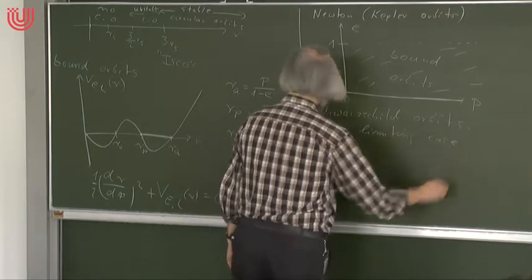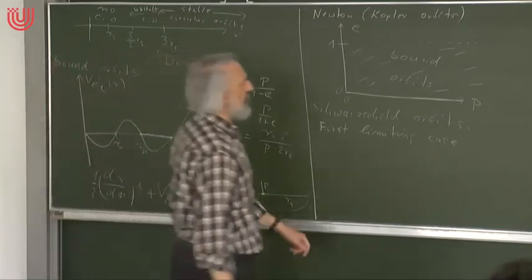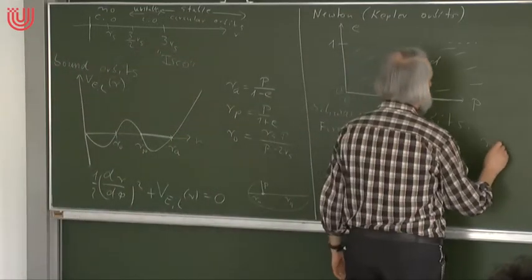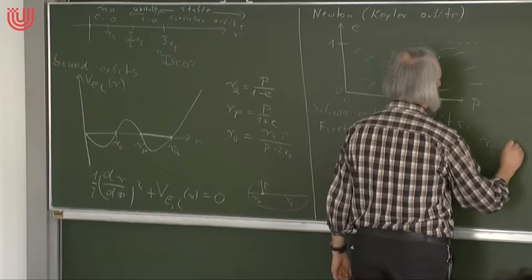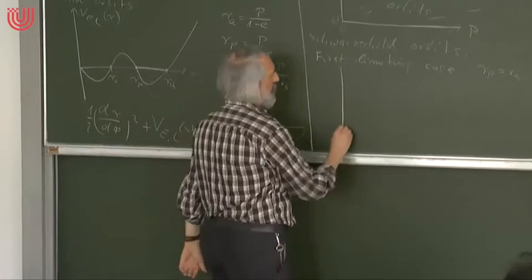and let me begin with the one which is easily understood. That's the one when Rp and Ra come close together. So when Rp becomes equal to Ra, then the diagram looks like that.